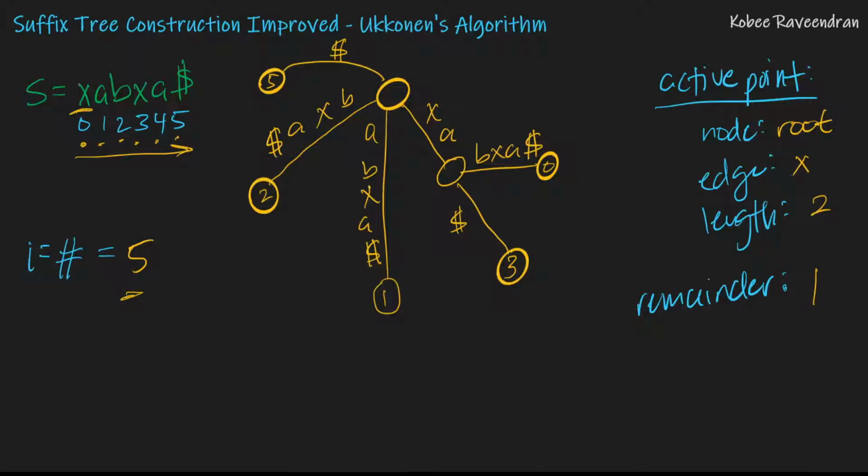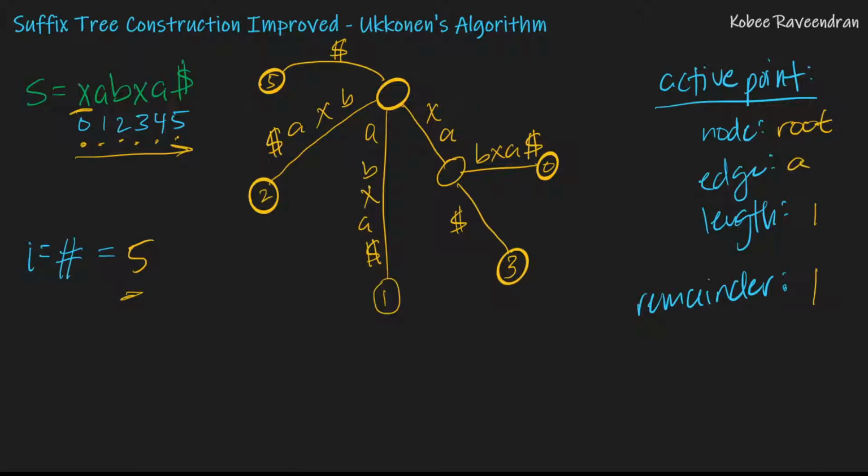And whenever you actually add an internal node from the root, a quick little trick to save some time is to just decrement your active length by 1 and change your active edge to be the next character along your current edge. So now instead of taking the active edge as being x, it'll just become this a.